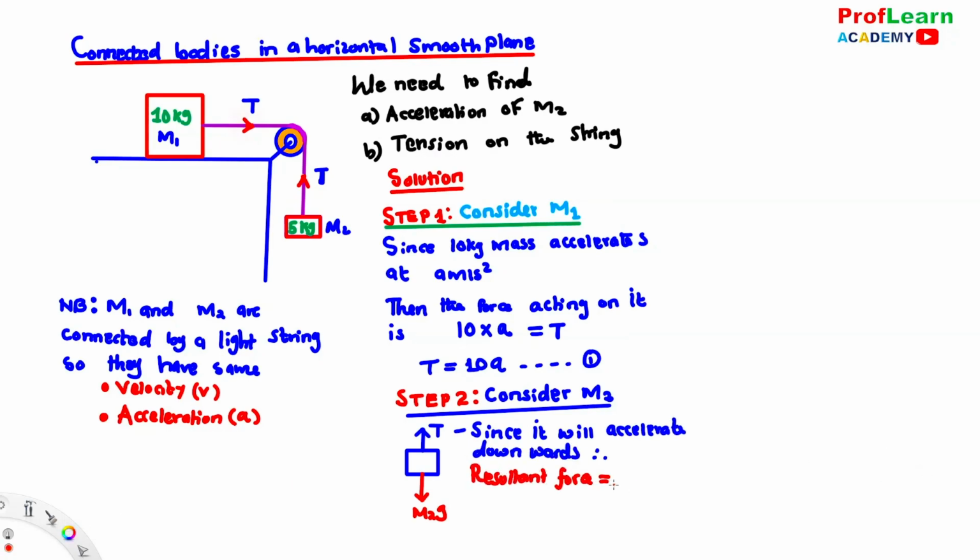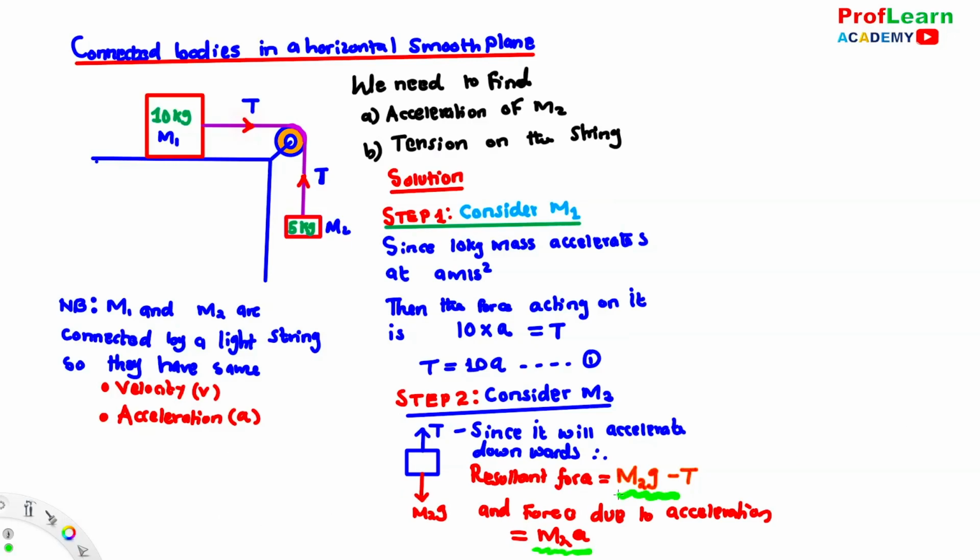So the resultant force is the weight, which is M2 times the force of gravity, minus tension. Remember, this body will be moving down, so the weight is more than the tension. That's why we are subtracting like that. But this body will also be accelerating at the same rate A, so the force due to acceleration downward will be M2 times A.